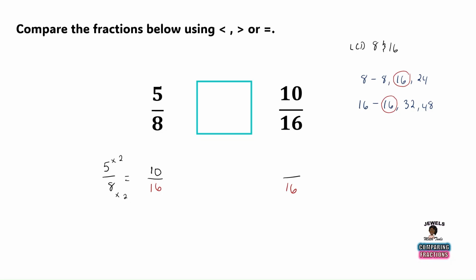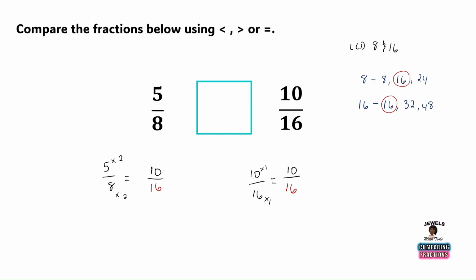And then for 10/16, we already have 16 in the denominator, which tells me that 16 was multiplied by 1 to get 16. So 10 times 1 will also equal 10. So because the equivalent forms of our fractions are the same, that tells me that 5/8 and 10/16 are equivalent fractions.